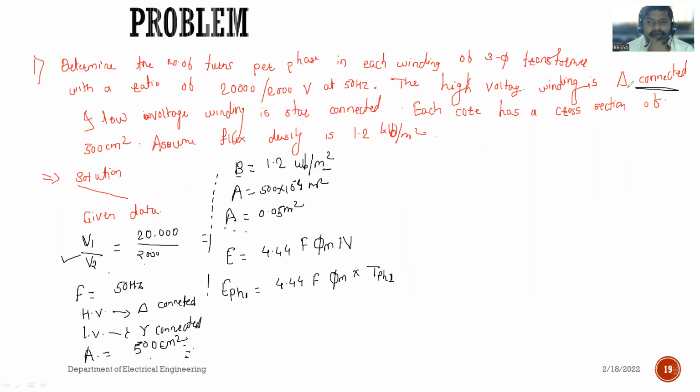Delta connected system मध्ये voltage रिलेशन काय असतं? लाइन वोल्टेज आणि फेज वोल्टेजचं रिलेशन. इन केस ऑफ डेल्टा, √3 VPH? In the delta system, phase voltage आणि line voltage चं रिलेशन.